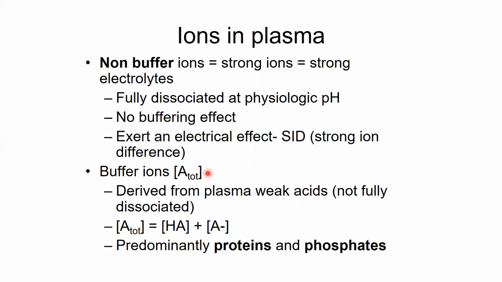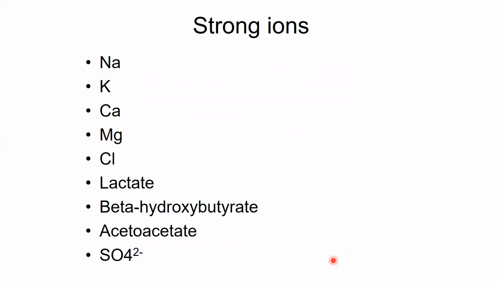The buffer ions, also known as atotal, are derived from weak acids that are not fully dissociated. The ones that we are going to discuss the most are proteins and phosphates. The one that I tend to focus on the most is albumin, and then phosphates are phosphates. So again, a list of strong ions.